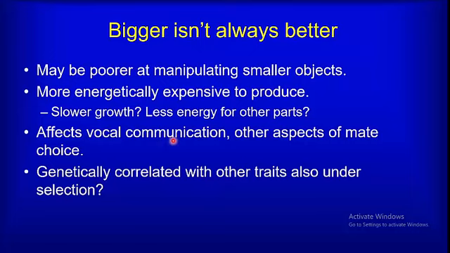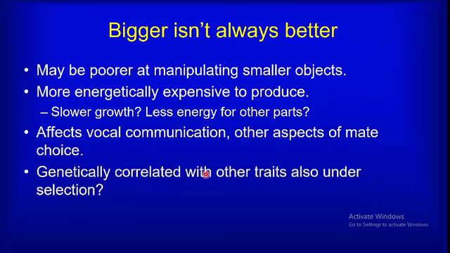This we know for sure happens, as we saw that in these birds, vocal communication is a very important part because it affects their mate choice. And obviously when you increase the beak size, the kind of vocalizations that you make is going to change. Also, it is entirely possible that beak size is genetically correlated with other traits under selection, which means that if you have large beaks, then you might end up having genetic issues in terms of some other traits.